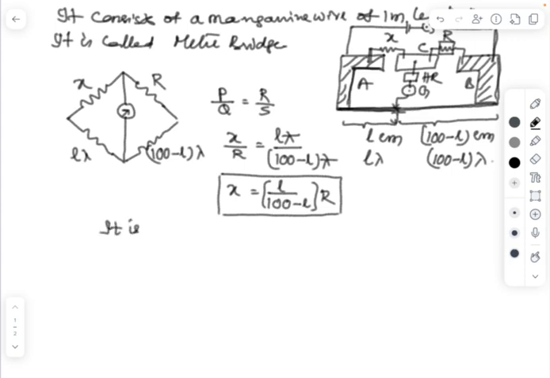It is used to compare the resistance of two given wires.